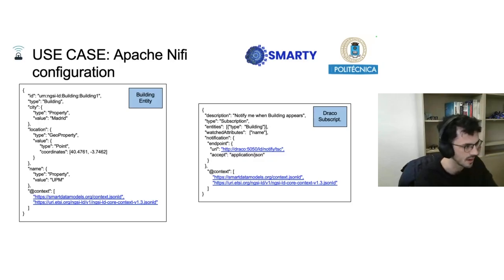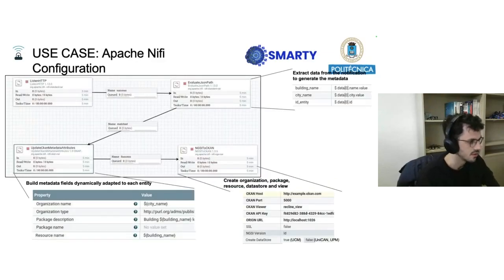So if a new building appears or an existing building updates some of its information, this is automatically recorded by Draco, by NiFi, sorry, and NiFi is adapting the metadata in case some metadata needs to be updated, and the same with the data. So the process is the same that we showed before, and here we are showing all the configurations of this process in Apache NiFi. It's very simple, and again we are updating the metadata in order to be compliant with the European data portal.